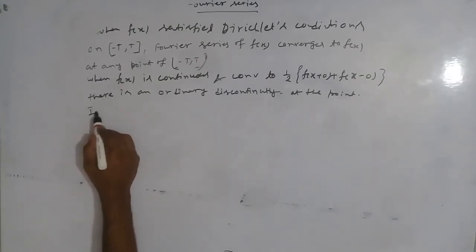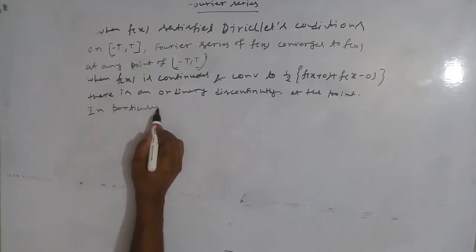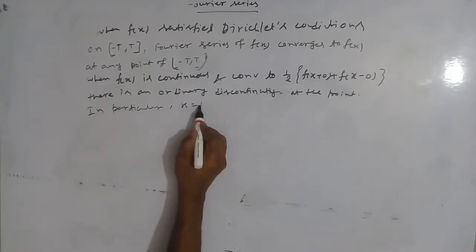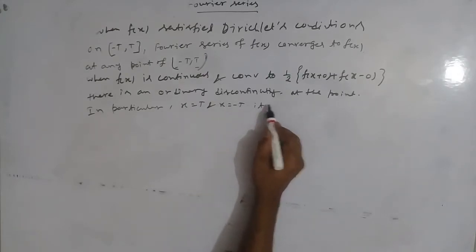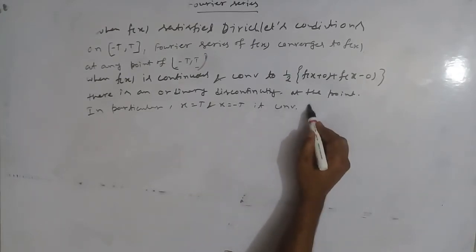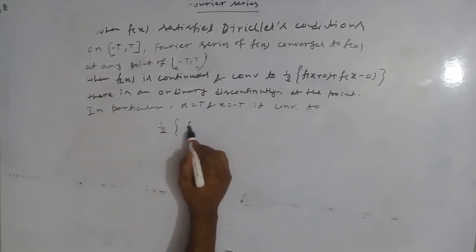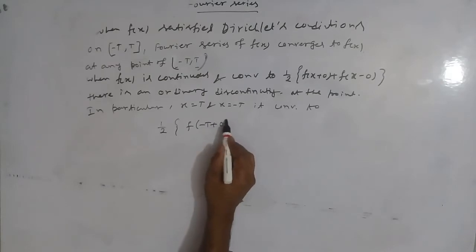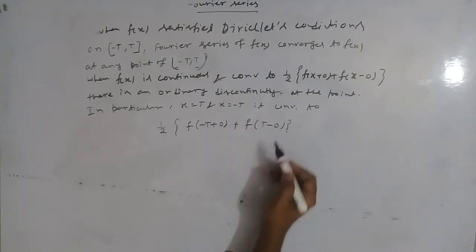In particular, at x equal to t and x equal to minus t, it converges to half into f of minus t plus 0 plus f of t minus 0. Okay.